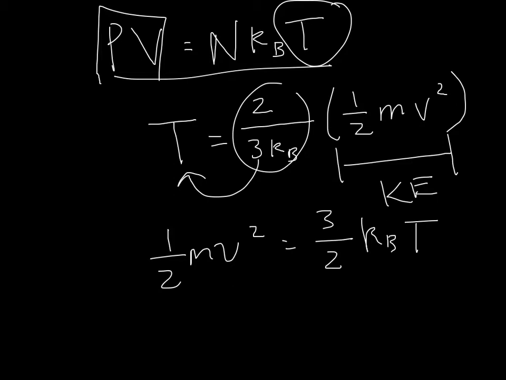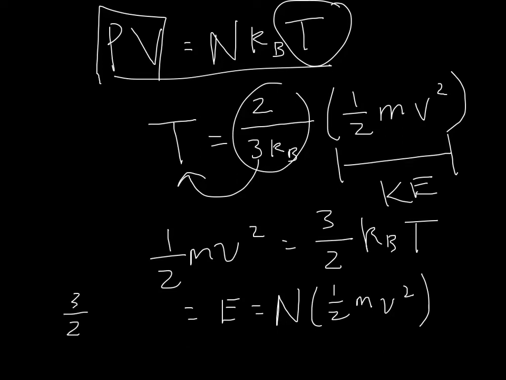molecule. Well, what if we wanted to know the total kinetic energy of N number of molecules? Well, the energy would be equal to N times 1/2 mv squared, which you could say is also equal to 3/2 times N times the Boltzmann constant times the temperature, which conveniently, you guys have heard this so many times, PV equals nRT.